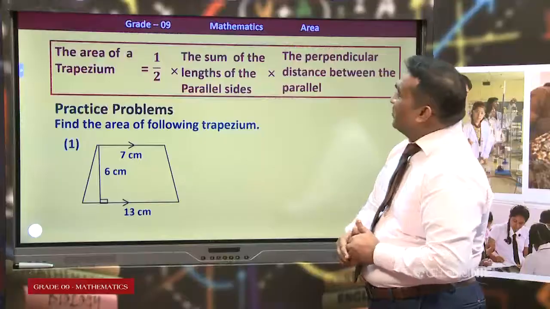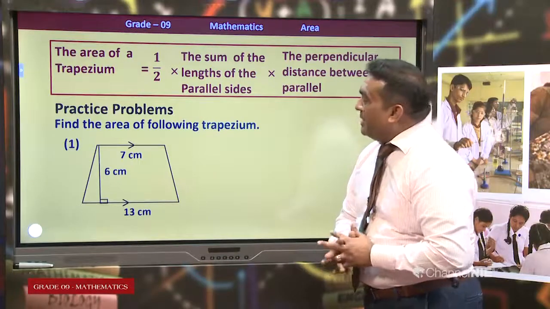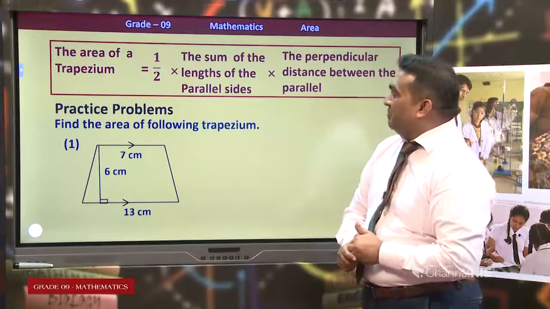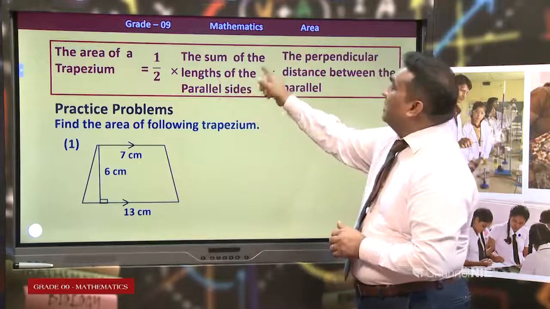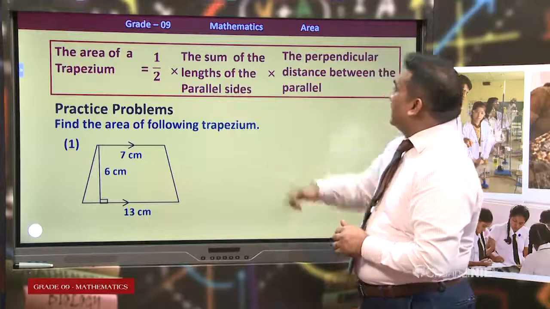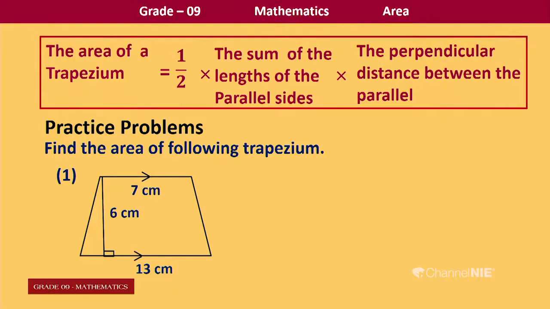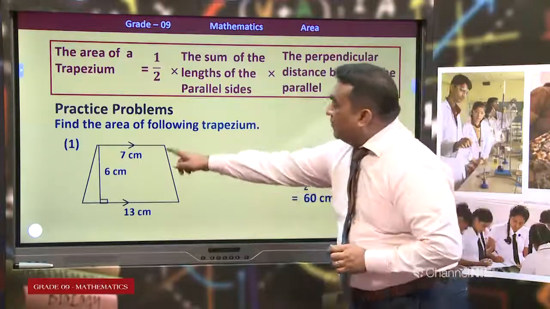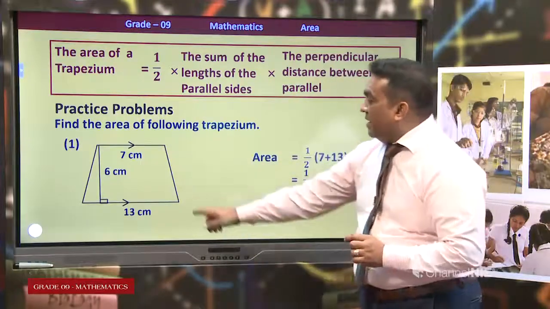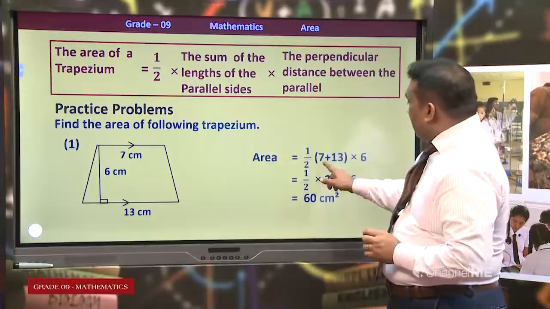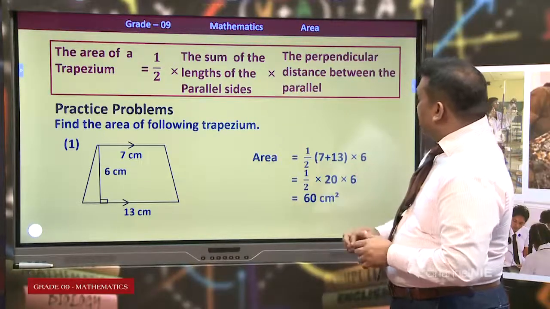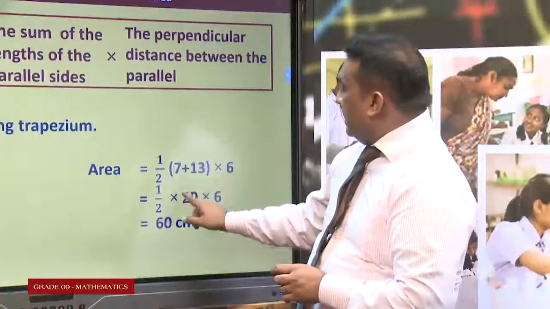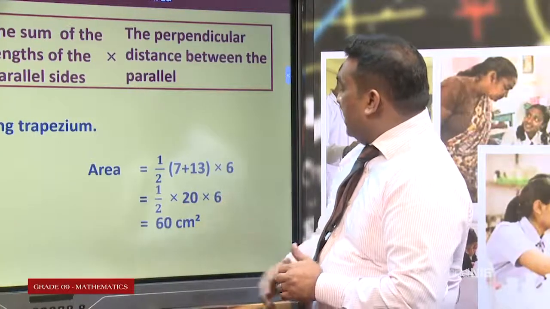Then we will see that the area of a trapezium equals half multiplied by the sum of the lengths of the parallel sides and the perpendicular distance between the parallel lines. Perpendicular distance, right. Now, we can see that the sum of lengths of two parallel sides is 13 and 7, then 7 plus 13 multiplied by 6, now half multiplied by 20 multiplied by 6.